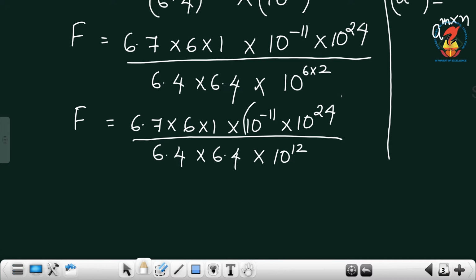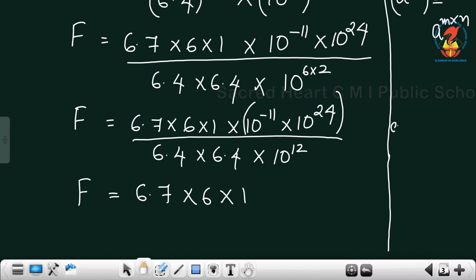Now solve this exponent part which is there in the numerator. F is equal to 6.7 into 6 into 1. This is in the form of a raised to m into a raised to n. Instead of a we have 10, instead of m we have minus 11 and instead of n we have 24. A raised to m into a raised to n is a raised to m plus n.